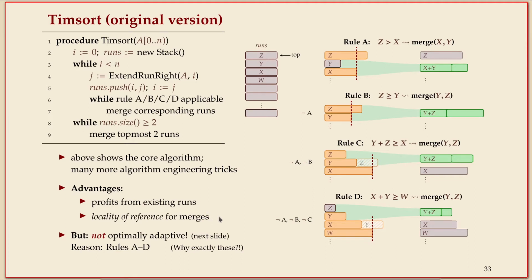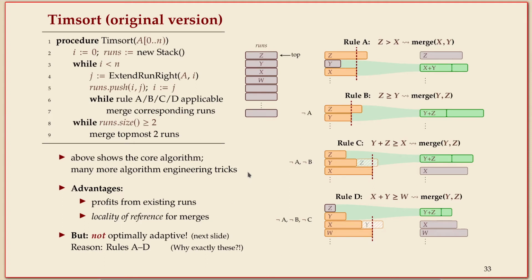And secondly, it has good locality of reference in the sense that you usually merge small runs often, and you usually merge those early when they arrive on the stack, which is just after they've been discovered. So these elements are still fresh in your cache. And then you merge them quite a few times before you move on. That's one of the things that Timsort does well, and maybe slightly better than other methods.